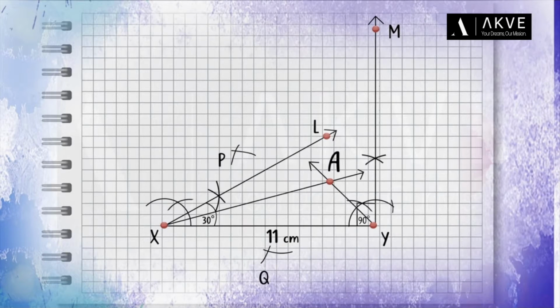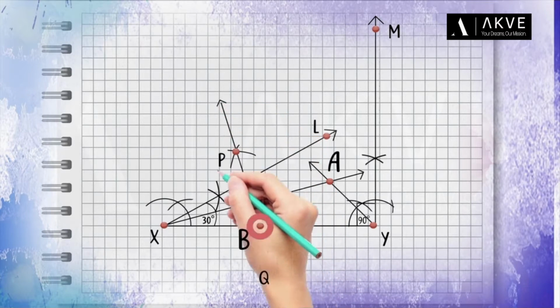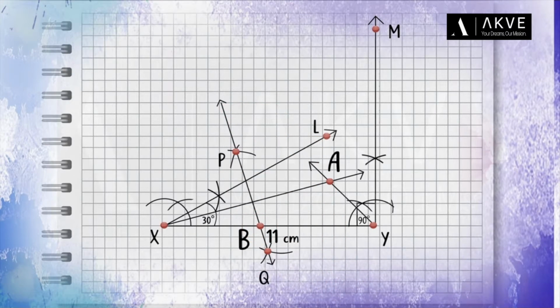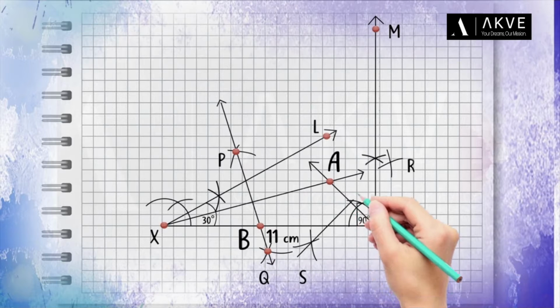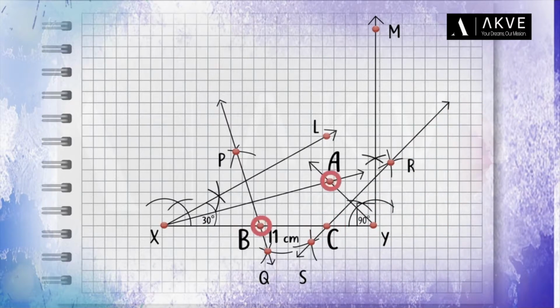Name it as PQ. Let PQ intersect XY at B. Then, draw the perpendicular bisector of AY. Name it as RS. Let RS intersect XY at C. Join AB and AC. So, ABC is the required triangle.